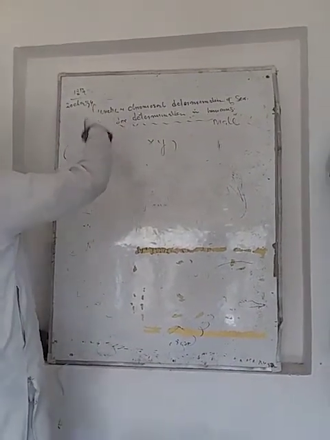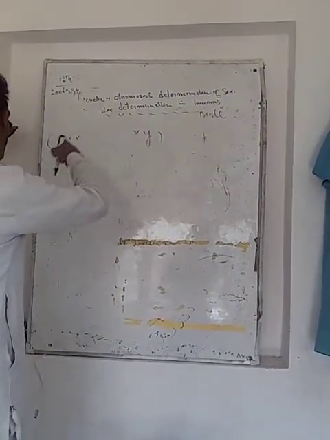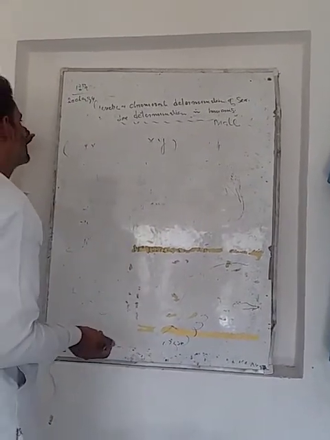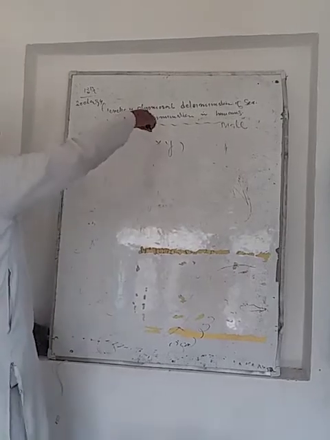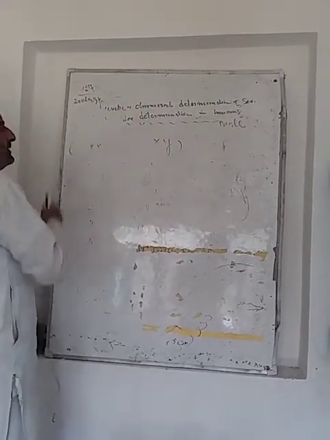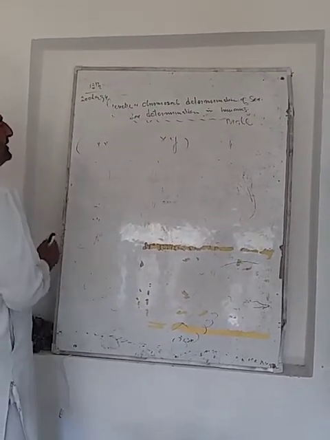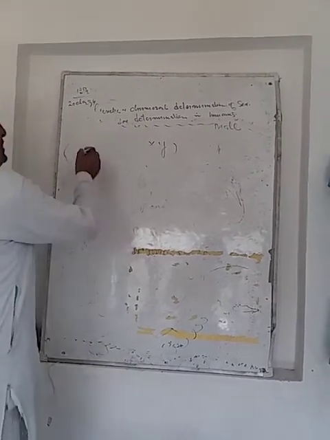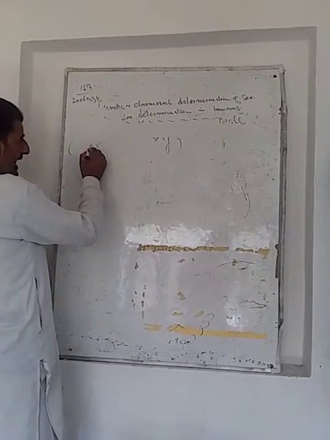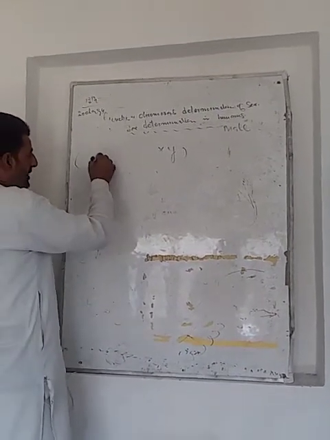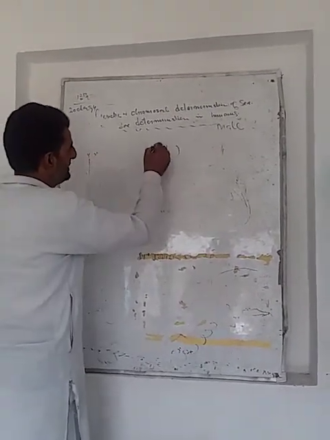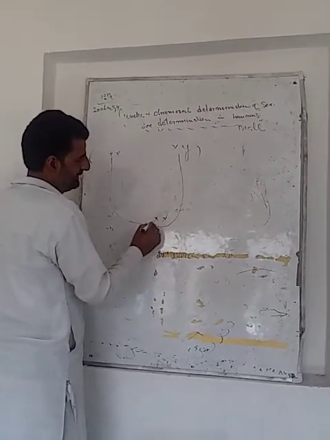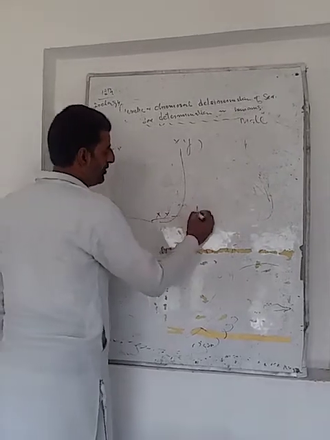If the sperm bearing X chromosome fuses with the egg's X, then there is a chance to get a female. If the sperm bearing Y chromosome fuses with the X chromosome, then it becomes male. So we can say that if the egg fertilizes with the sperm bearing X chromosome, then it is XX, female.